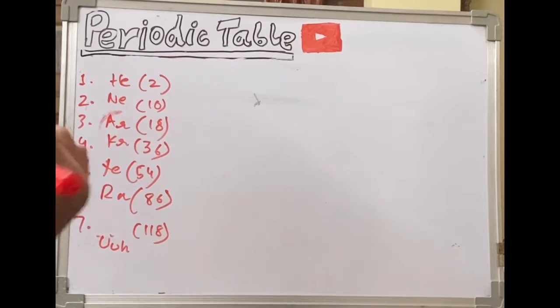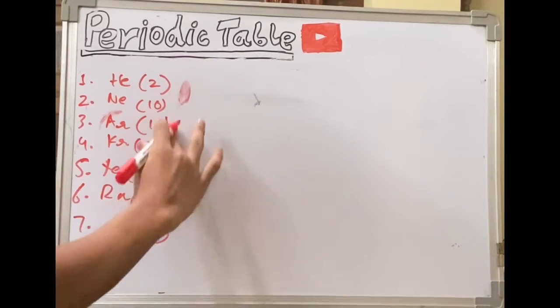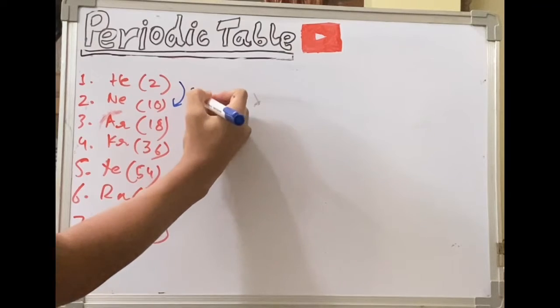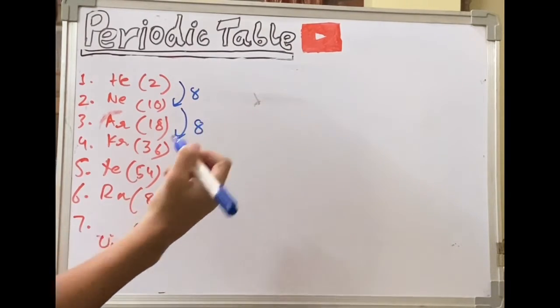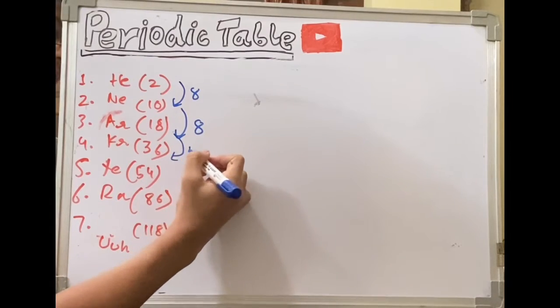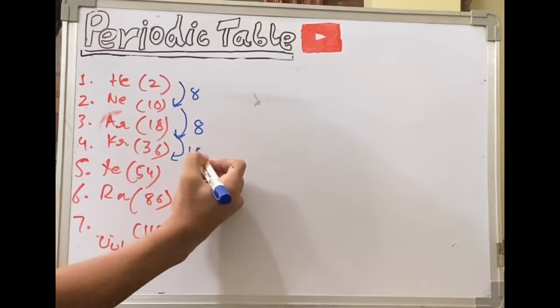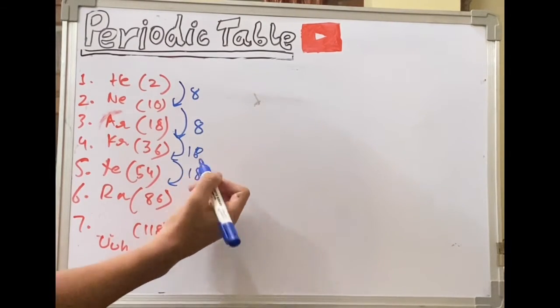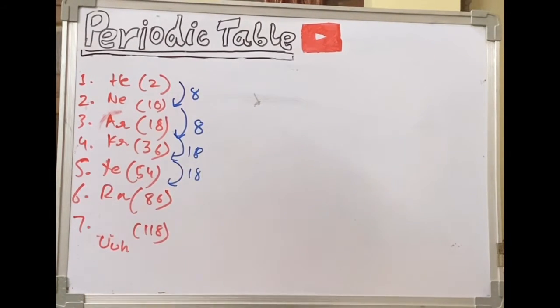So as you can say, in the first 2 transitions we are adding 8. Wait, I'll use a different color. 8, right? Then you will observe that from 18 to 36 we have added 18, and then again from 36 to 54 we have again added 18.